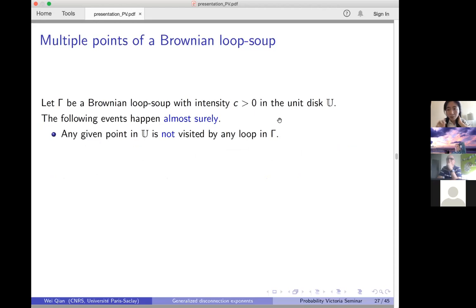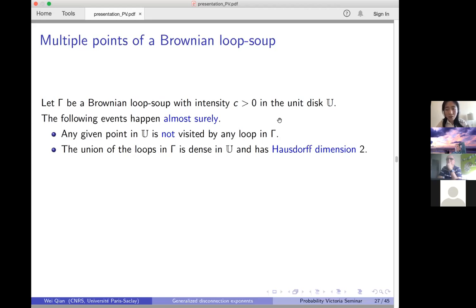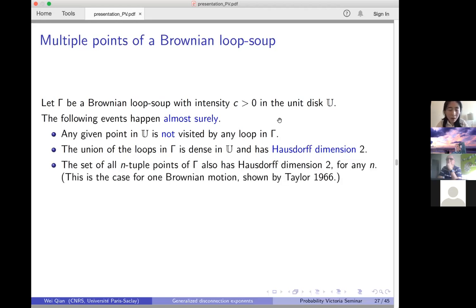In the loop soup, you have countably many Brownian loops, so they also do not visit a given point. However, the union of the loops is dense and has Hausdorff dimension 2. This is just because the trace of one Brownian motion has Hausdorff dimension 2. And the set of n-tuple points of the loop soup also has dimension 2 for any n. This is because this is also true just for one Brownian motion.